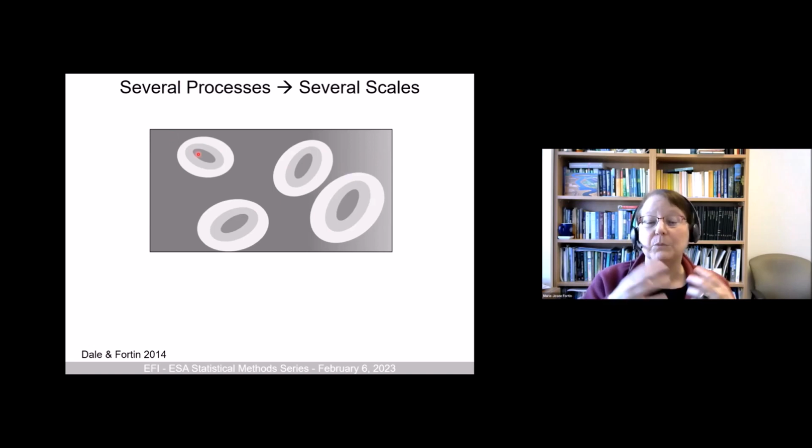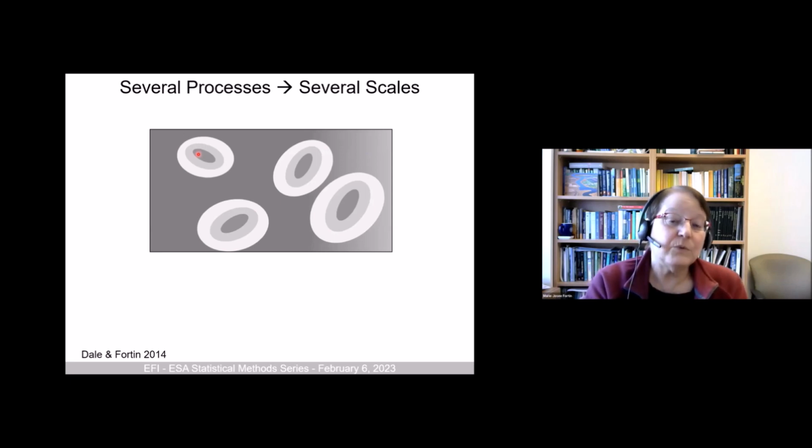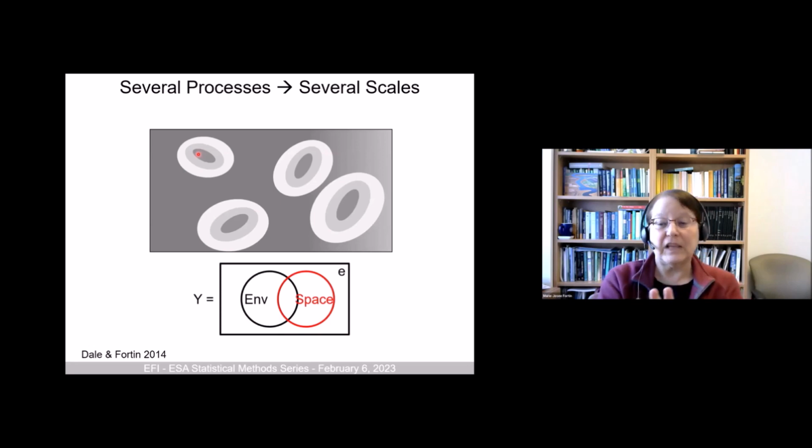You may have several processes and several scales at which the variables of interest are varying. This is a case where you need to filter out and identify the appropriate scale of those processes. Again, space and environment are related to one another.